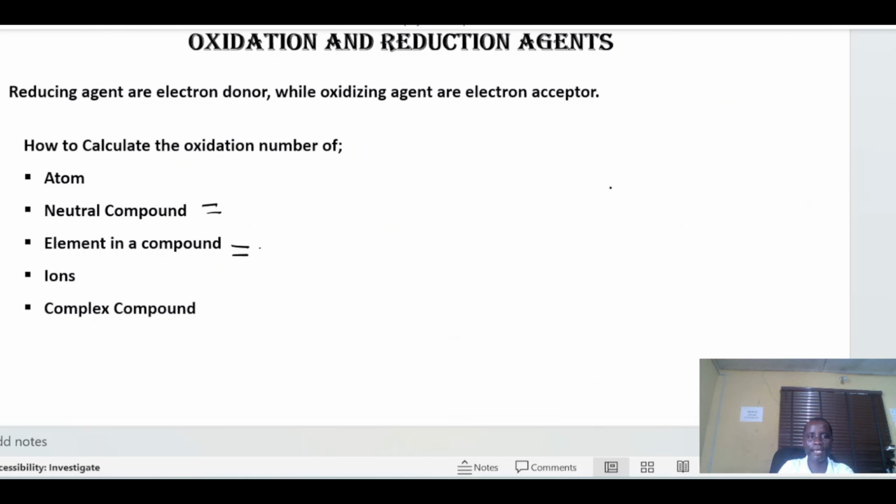The next one, ions. For example, when you have CO3 2-, the carbonate ion minus 2, comma, we have MnO4, permanganate minus 1. All these are ions.